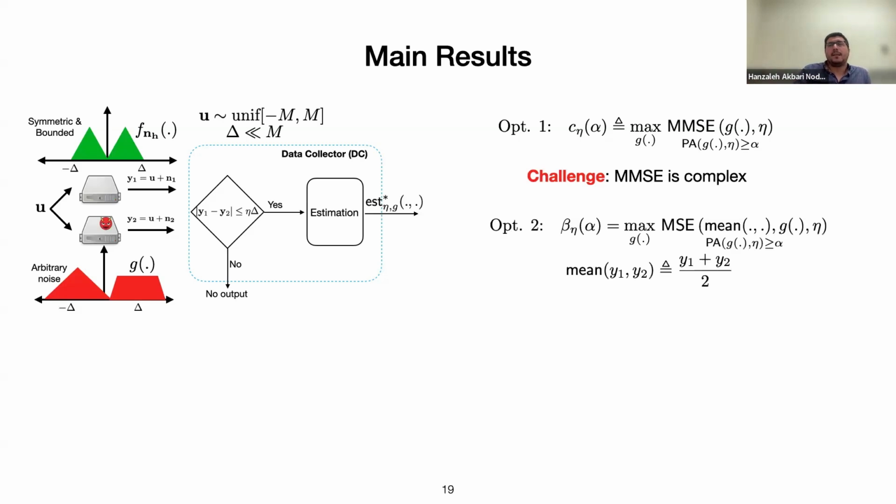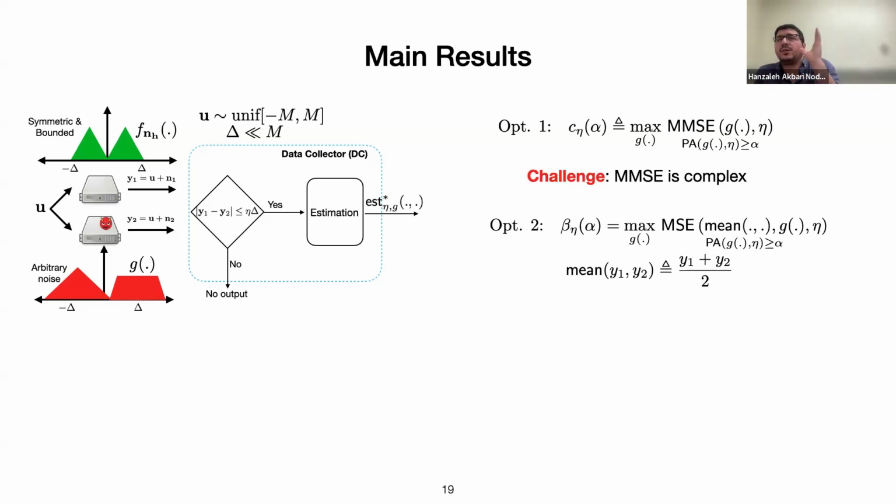Okay. In order to resolve this challenge, we again introduced another optimization problem called optimization 2. In this optimization problem, the estimation function is fixed. It is always (y1 plus y2) divided by 2. It's the mean of the inputs. Okay. Everything is similar to optimization 1.